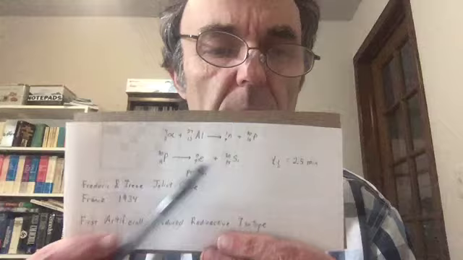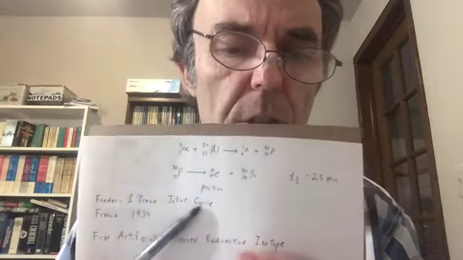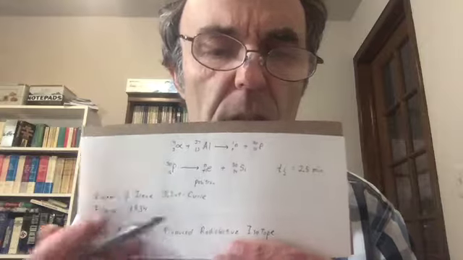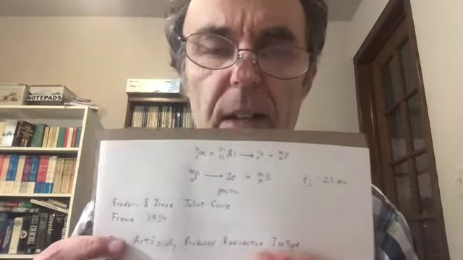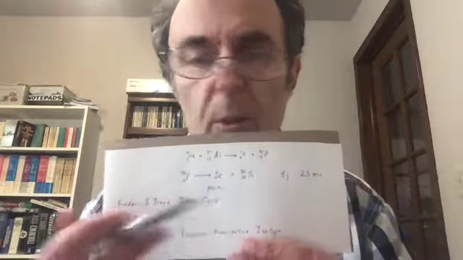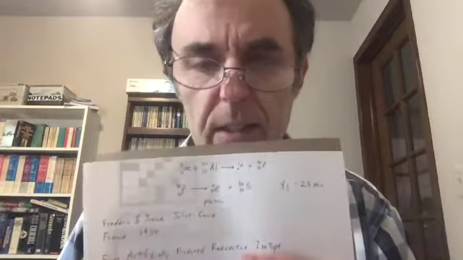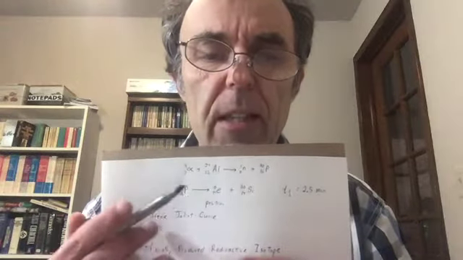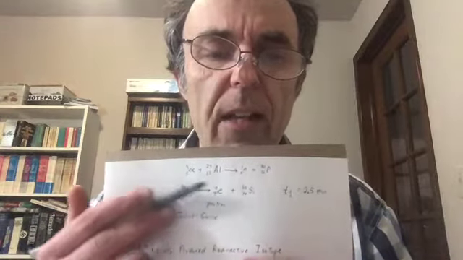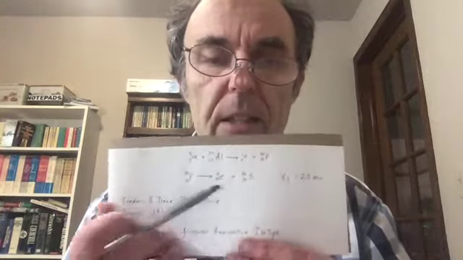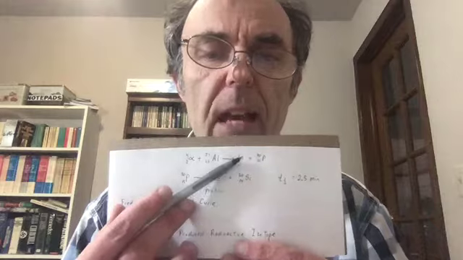This experiment was done by Frederick and Irene Joliot-Curie in France in 1934, and it represents the first artificially produced radioactive isotope. So the first, you could get radioactive isotopes from uranium and all its products in this decay scheme. So people knew about radioactivity, but they never produced a new radioactive isotope in the lab. Here they did. It's interesting because you can detect neutrons.